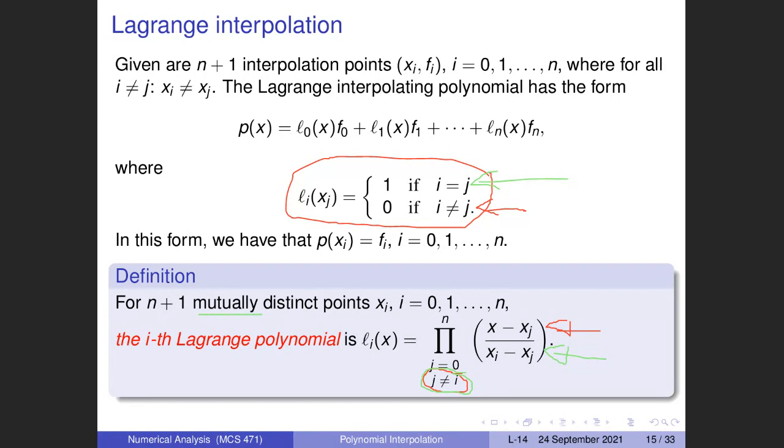Now, why consider this problem? Well, the point is that we can now consider the Lagrange interpolating polynomial. What this form does is separate the function values from the Lagrange polynomials, namely from the interpolation points.